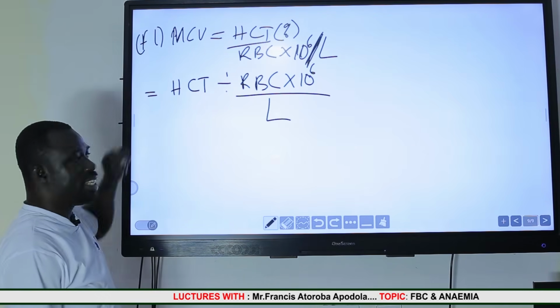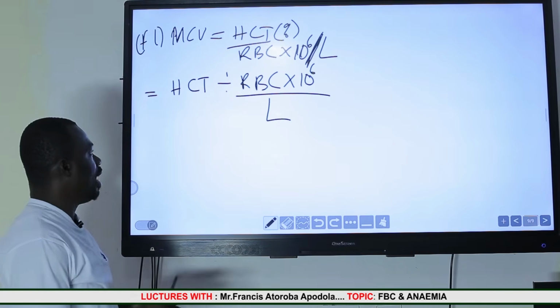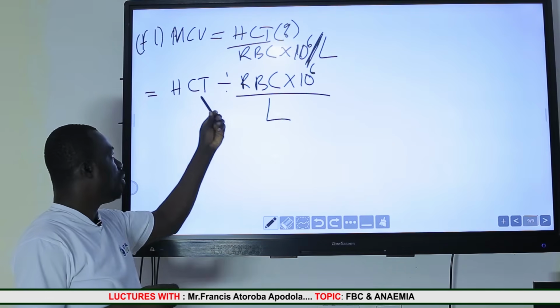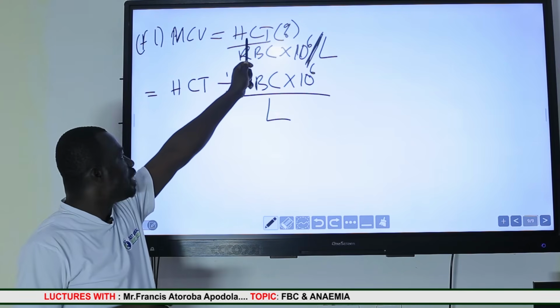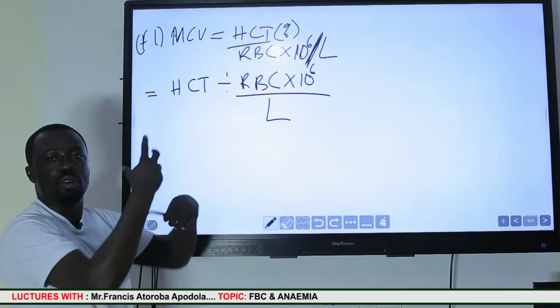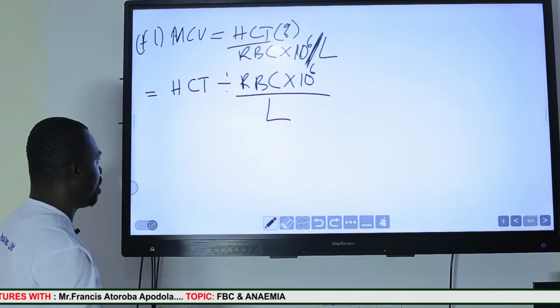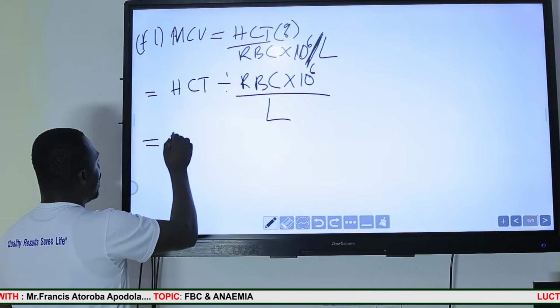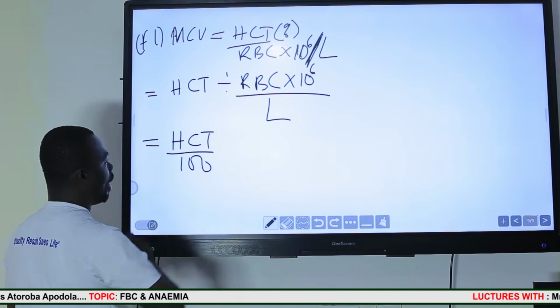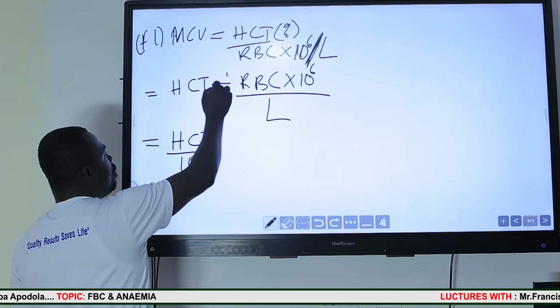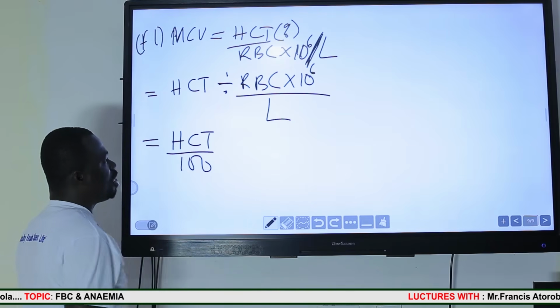There is no percentage in the femtoliter. And you are using hematocrit, and hematocrit is in percentage. This means that you have to divide the hematocrit by 100 to remove the percentage. So this means that we will get hematocrit divided by 100.